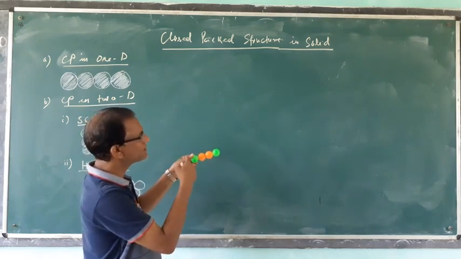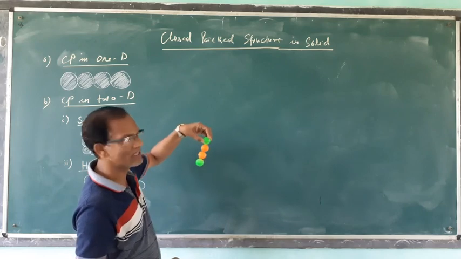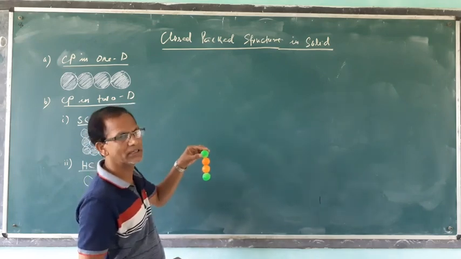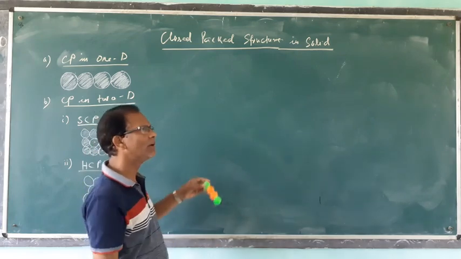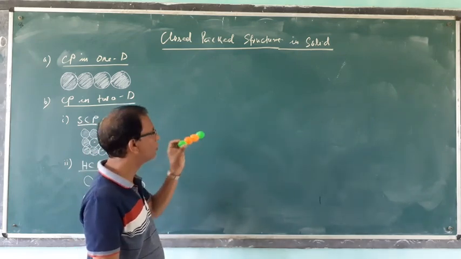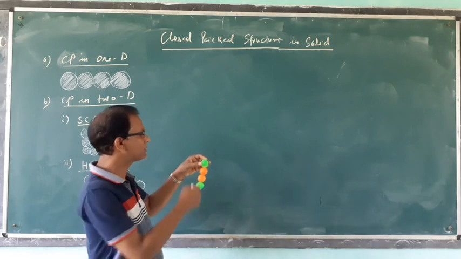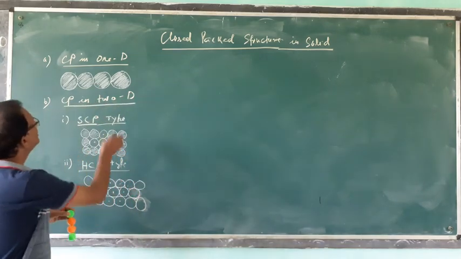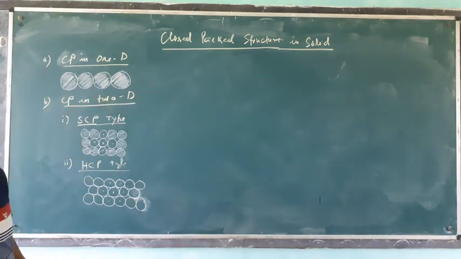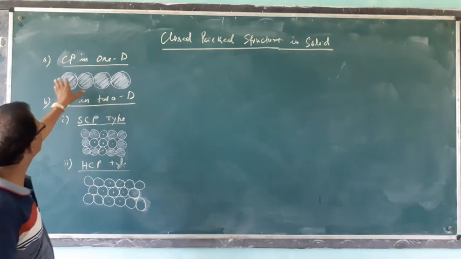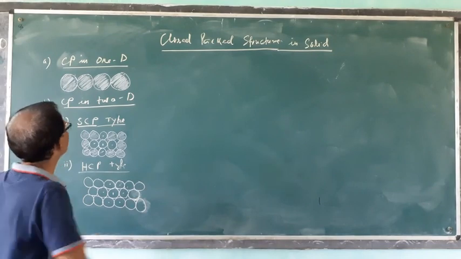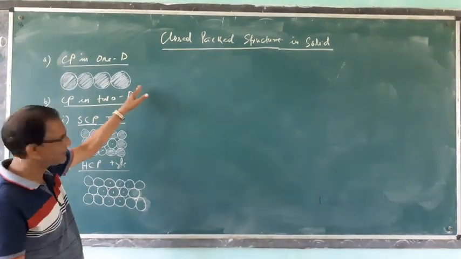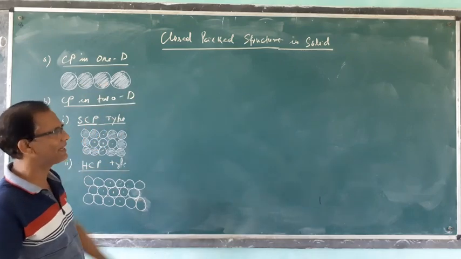It can be horizontal, or you can do it vertically, but the spheres will be touching directly. So in this case, it is a close packing of one dimension, that is linearly arranged.